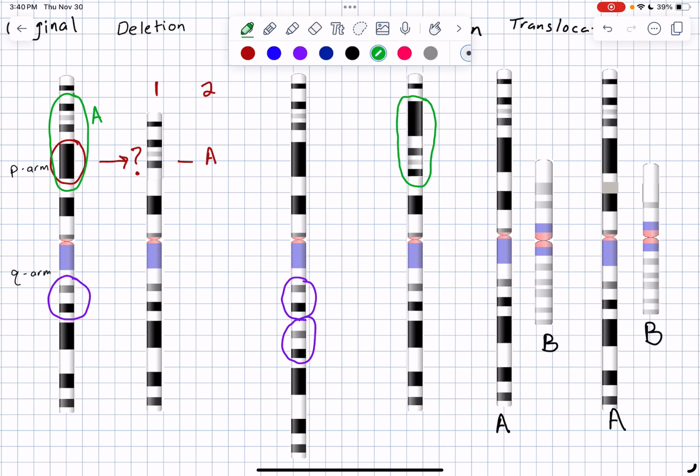In this case, in my original, I have a white gene here on chromosome A, and I have a gray gene on chromosome B. So A has a white gene, B has a gray gene. Well, they swap those 2 genes. And so now A has a gray gene and B has a white gene.